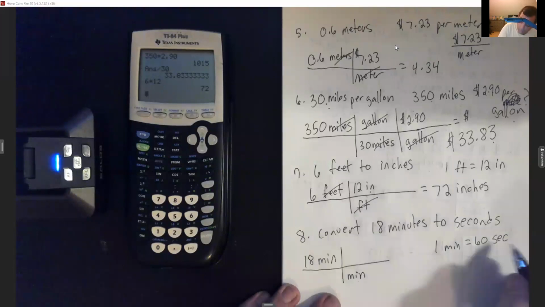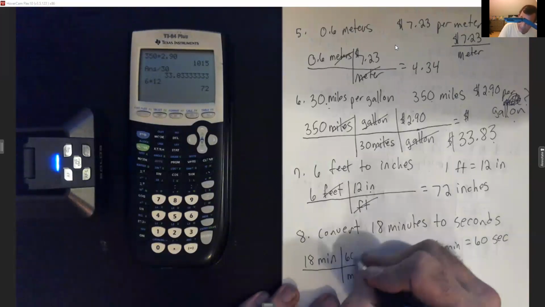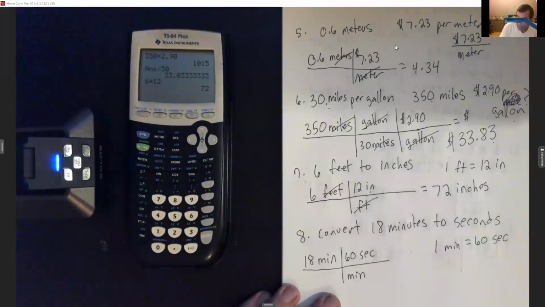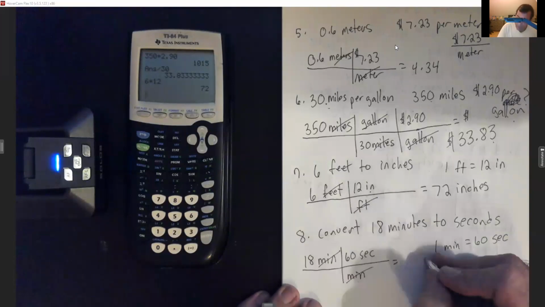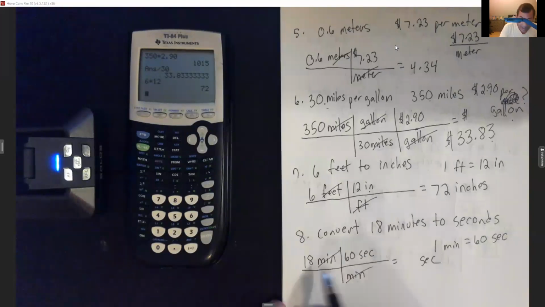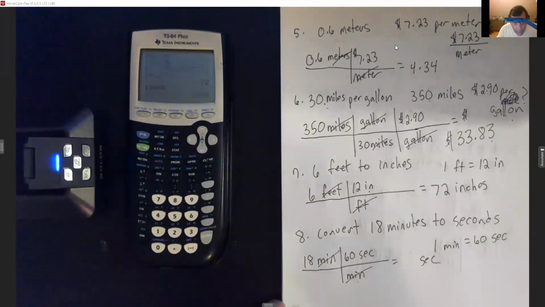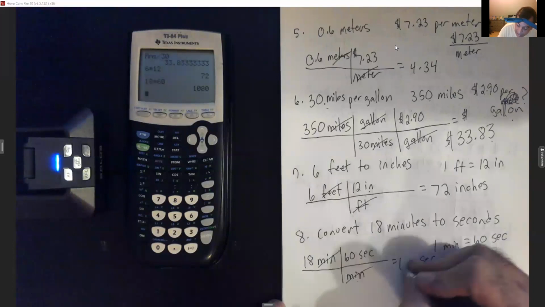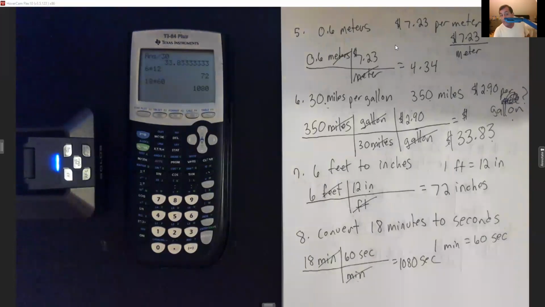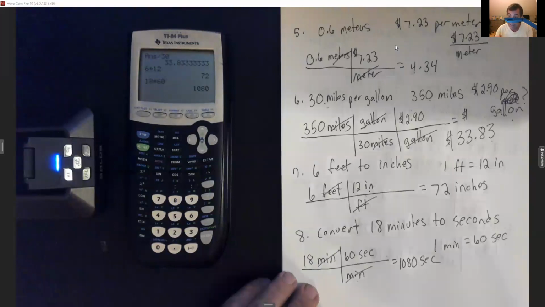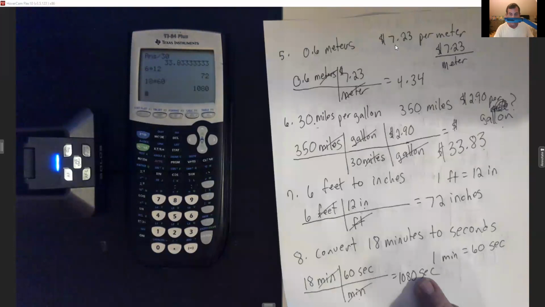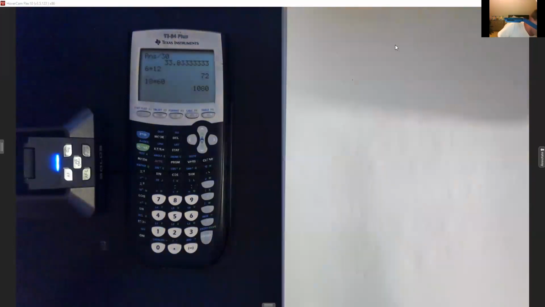And 1 minute equals 60 seconds. So check this out. The minutes cancel. I'll be left with seconds for my answer. And all I got to do is multiply 18 times 60. And that's going to give me a pretty big number, 1,080. So 1,080 seconds is how many seconds is in 18 minutes. That makes sense. 60, 60, 60. You do that about 18 times, I'm sure you'll get there, right?